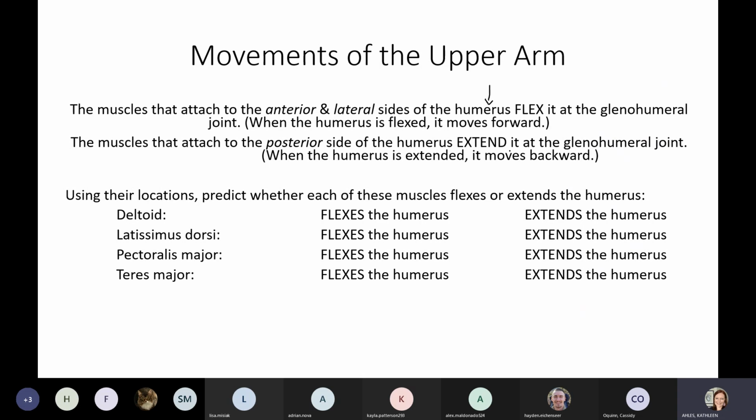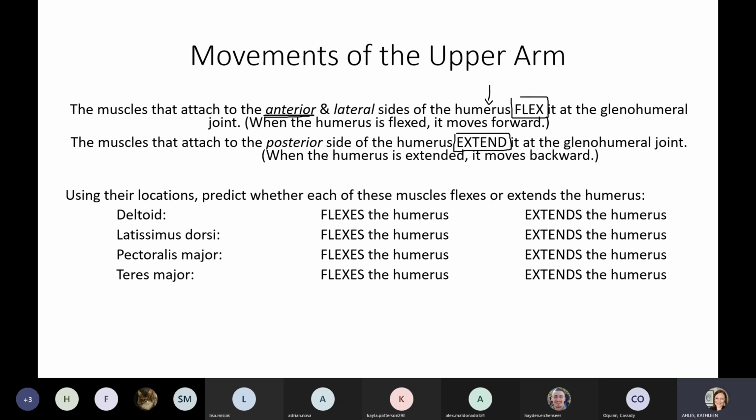Now, when we're talking about flexion and extension, that's pretty easy for us to consider. When you flex your humerus, that pulls the humerus forward. So if I'm flexing the humerus, I'm pulling it toward the front, I'm pulling it anteriorly. And because I'm pulling it anteriorly toward the front, that means I must live on the front.